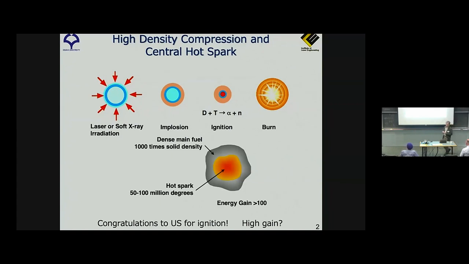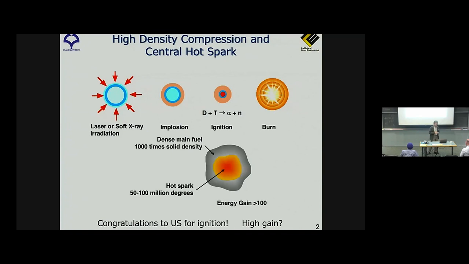Once ignition takes place, the DT burning wave propagates from the inner surface of the compressed main fuel toward the outside to finally generate 100 times energy gain.